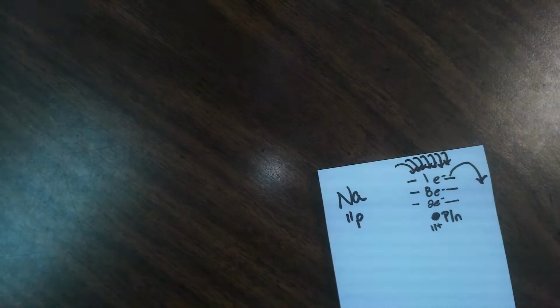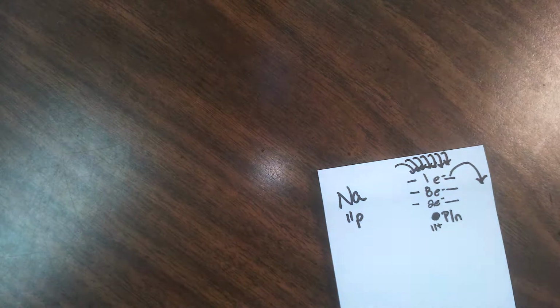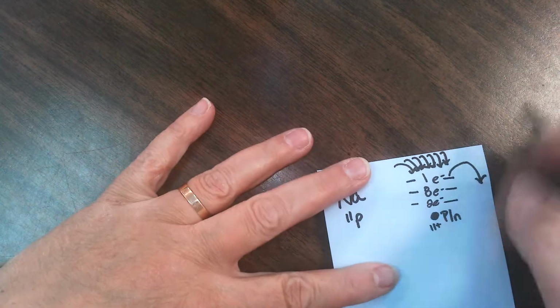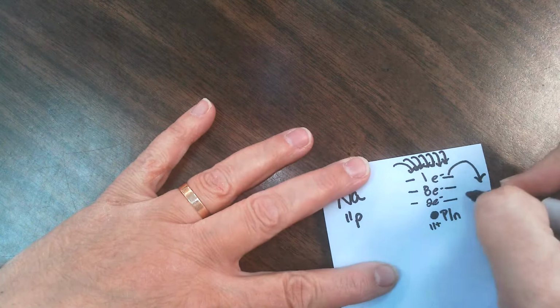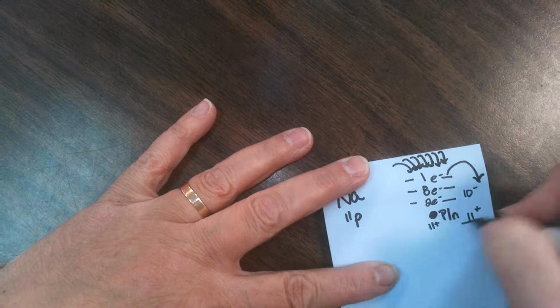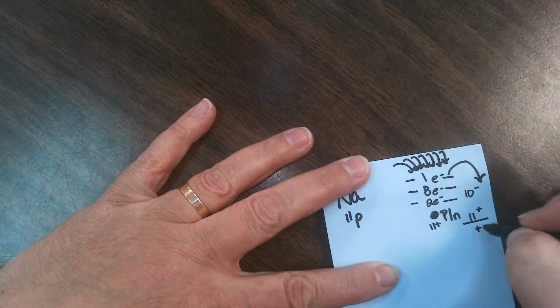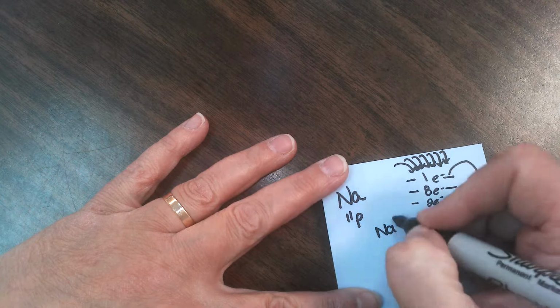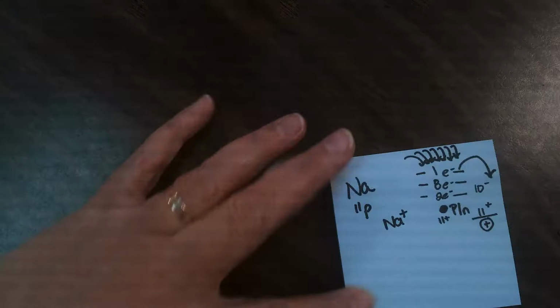Sodium's a loner, it's an introvert, it just doesn't want to be anywhere, so it would rather kick out that one person than bring 7 people in to make it happy. So when we kick it out, we have only 10 negatives, but yet we have 11 positives, and so sodium ends up with an extra positive, and so sodium gets that charge.